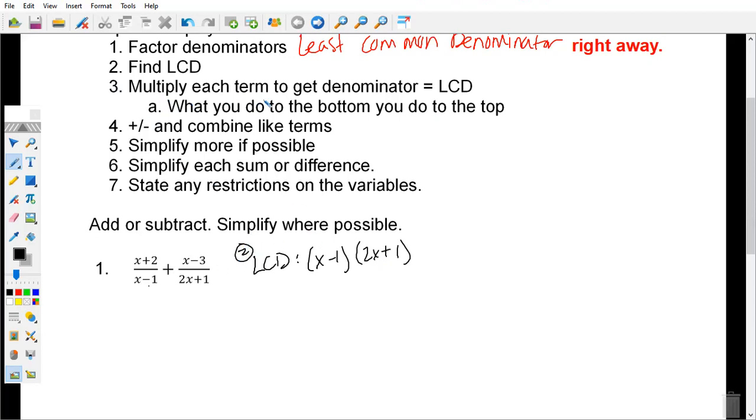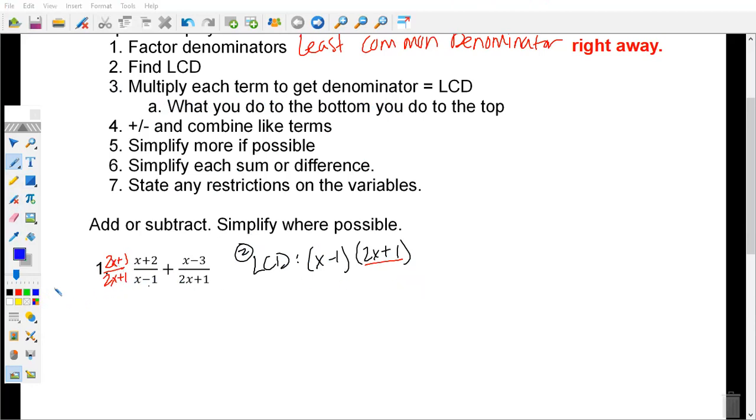Step three says to multiply each term to get the denominator. So when you're looking at the first fraction, you're asking, well, I already have x minus 1, but I don't have 2x plus 1. Does that make sense? So I'm going to multiply the first fraction by 2x plus 1 over 2x plus 1. I'm going to write it bigger and better in a second, but that's what it's saying.